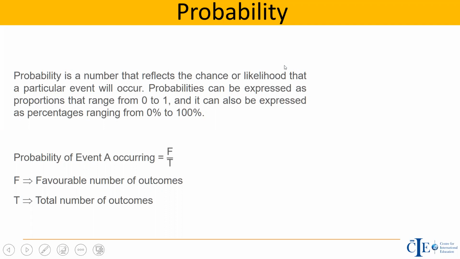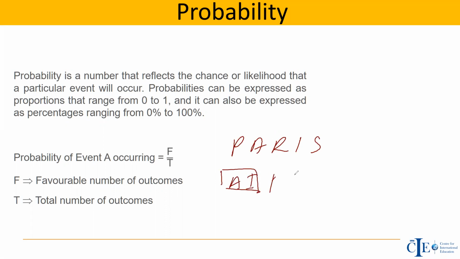So that was a PNC question, having the letters of the word Paris with all the vowels together. Vowels together was AI and PRS, which we solved to be 4 factorial, 2 factorial. If I divide this by 5 factorial, that is the required probability.